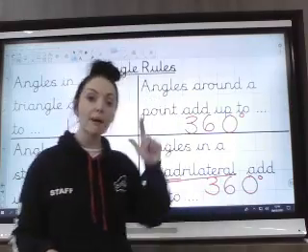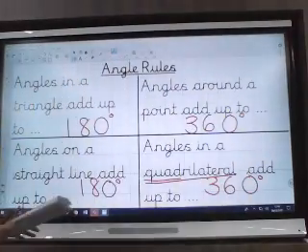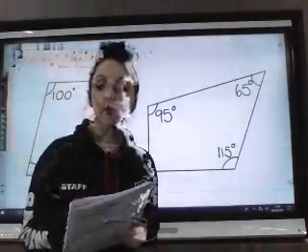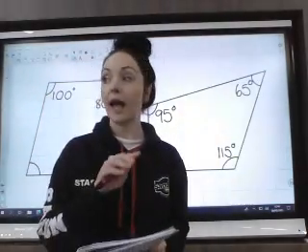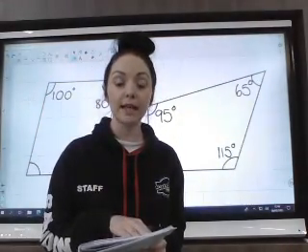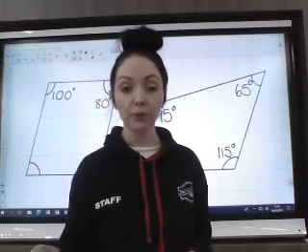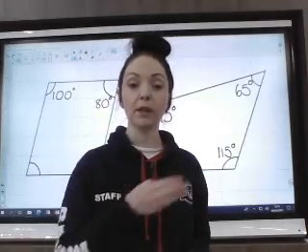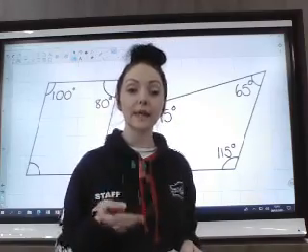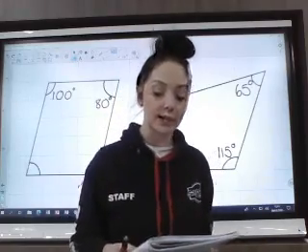Okay, so you need to remember that for this question. Okay, so if you add up all of the angles in your shape and it doesn't equal 360, then it's an impossible shape. If you add it up and they do equal 360, then it's possible. Don't tick it. Okay, so only tick it if they don't add up to 360.